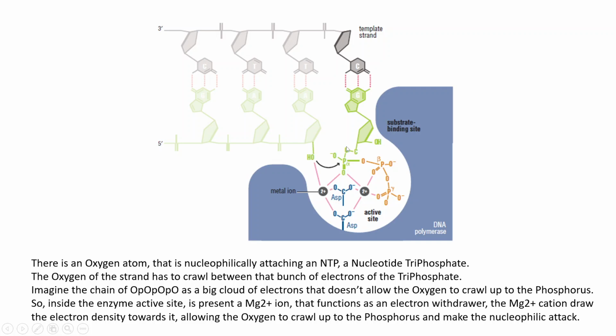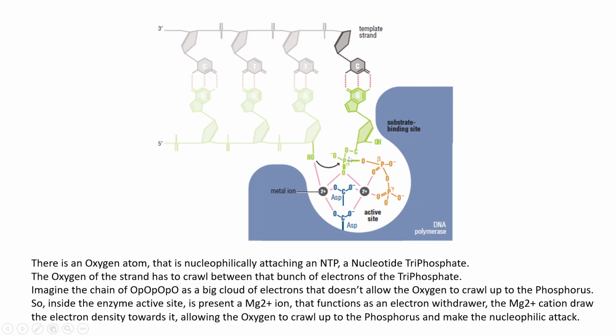So what needs to happen essentially is a nucleophilic attack. But as this person has mentioned, you have this huge amount of electrons from this triphosphate. It's like a huge cloud of electrons that is almost sterically hindering the oxygen from being able to reach there and attack the phosphate.